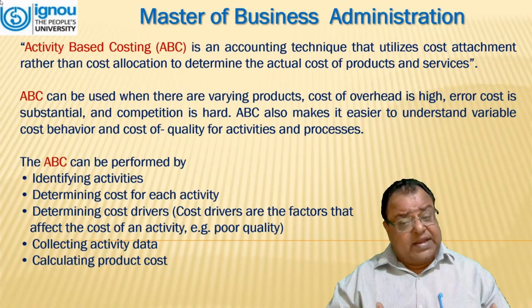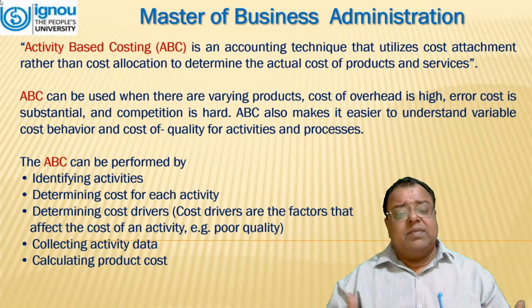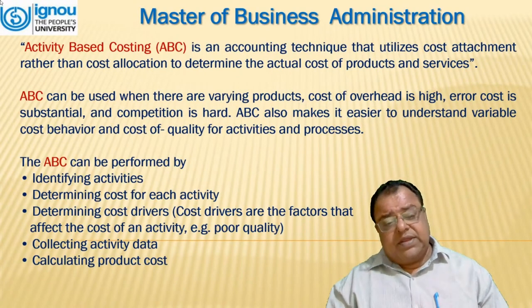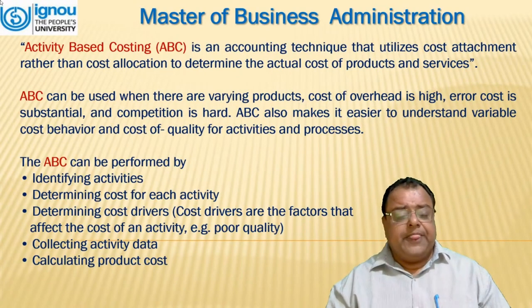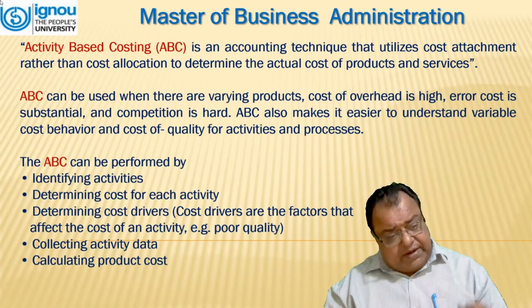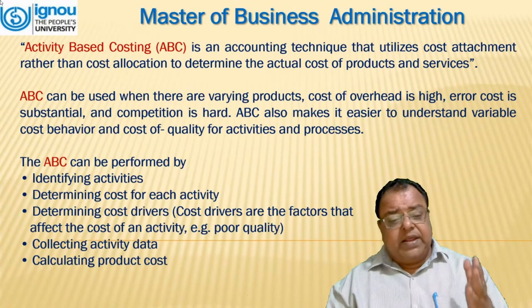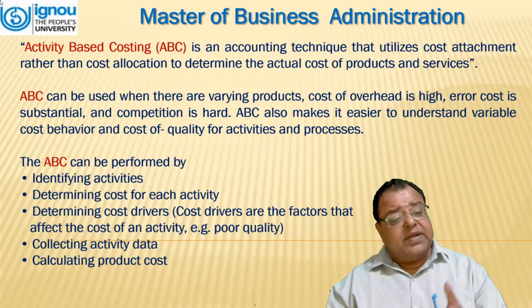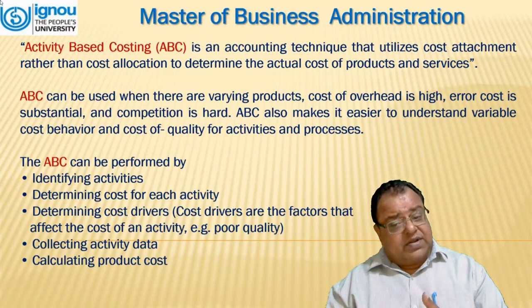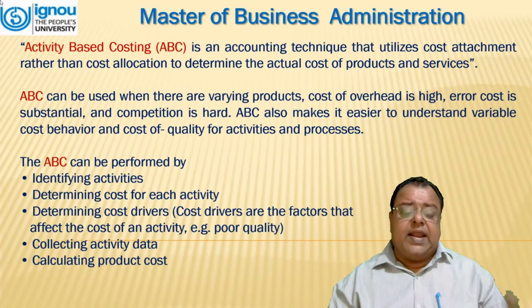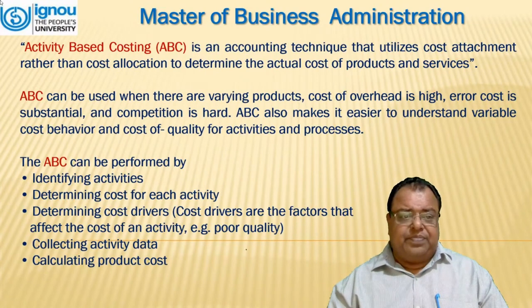ABC also makes it easier to understand variable cost behaviors and cost of quality for activities and processes. ABC can be performed by identifying activities, determining cost for each activity, determining cost drivers, collecting activity data, and calculating product cost.